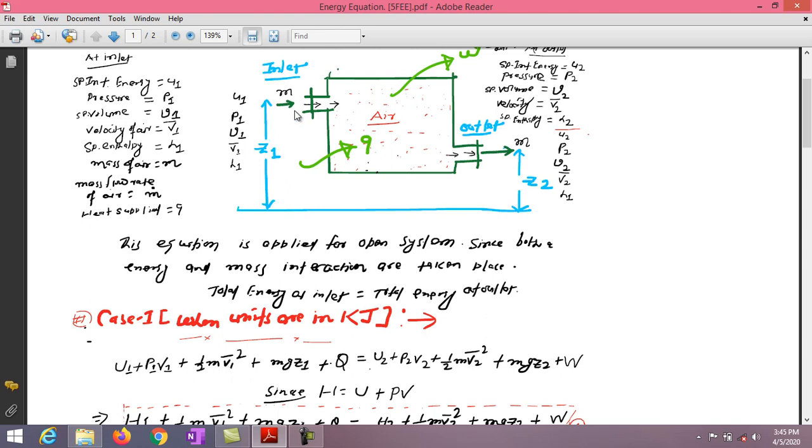This is the kinetic energy of air at inlet, plus mgz1. Since the inlet is at height z1 from this datum line, this will be mgz1.